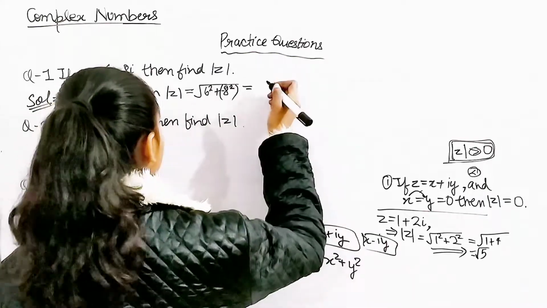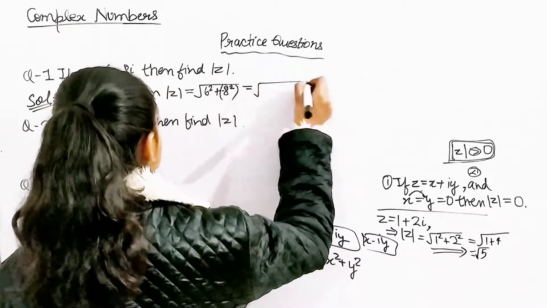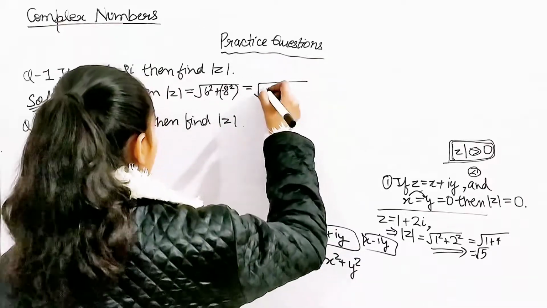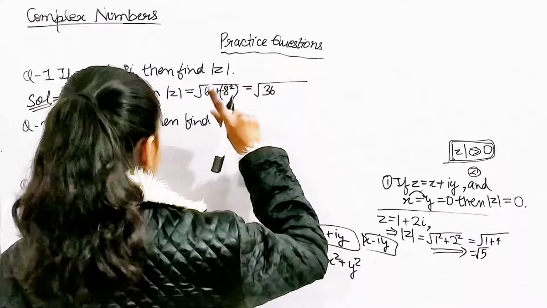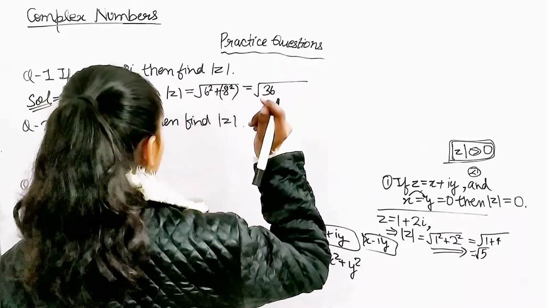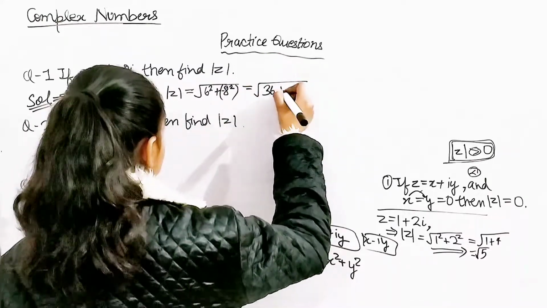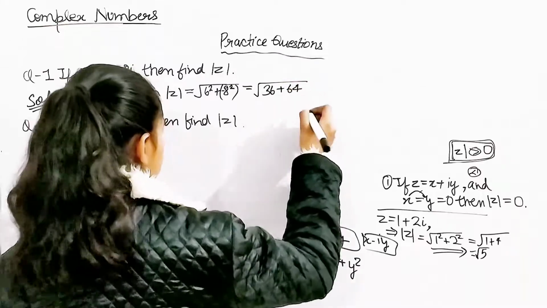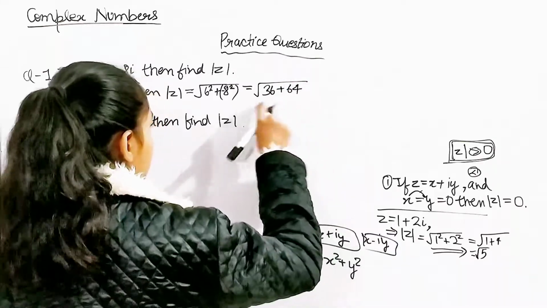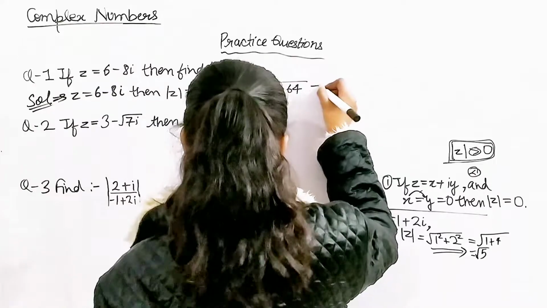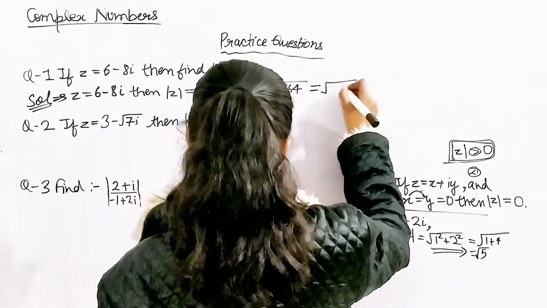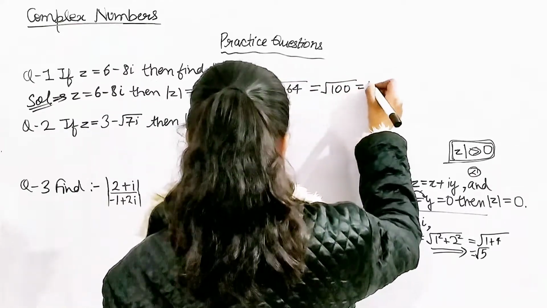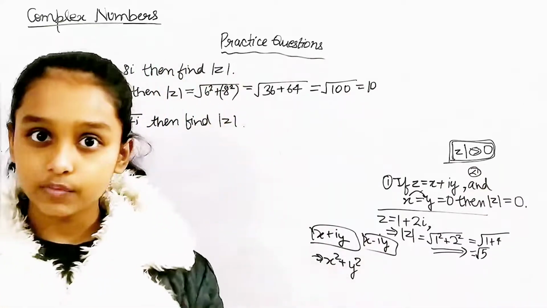And 6 squared will be 36, right? And this positive 64, so 36 plus 64 will give us 100, and root 100 will be 10, right?